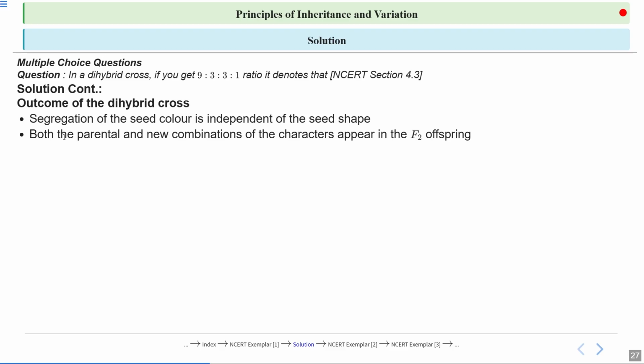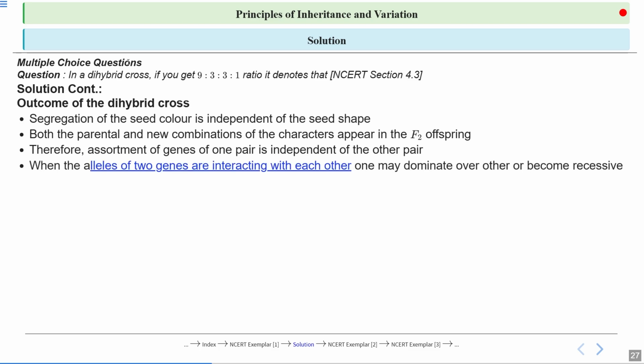Both the parental and new combinations of the characters appear in the F2 generation. These new characters appear due to the law of independent assortment. Therefore, the assortment of genes of one pair is independent of the other pair. Now, when the alleles of two genes are interacting with each other, one may dominate over the other or become recessive.